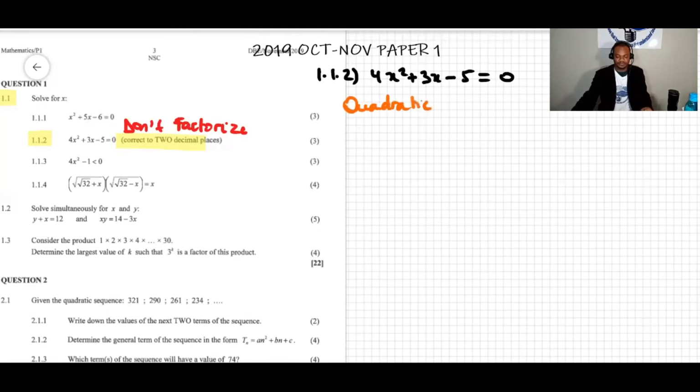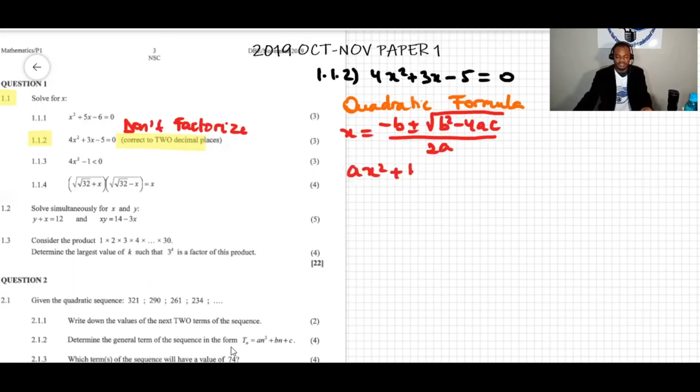The quadratic formula is given by x equal to minus b plus minus square root of b squared minus 4ac, all over 2a, while the quadratic equation itself is ax squared plus bx plus c equal to 0.